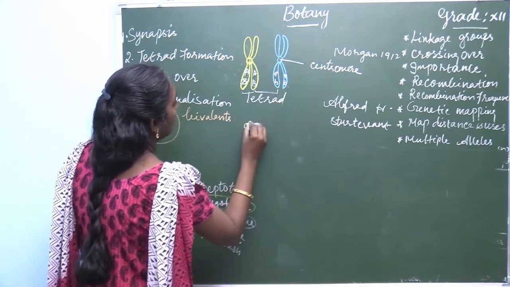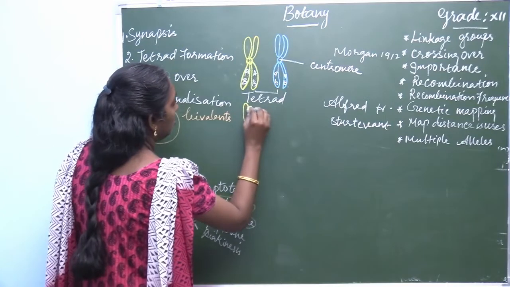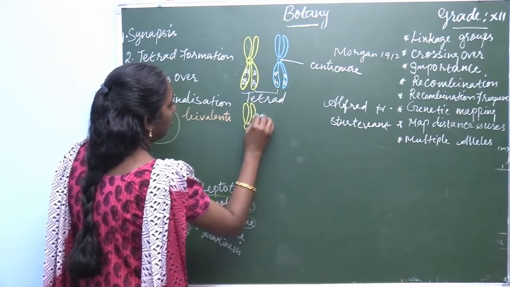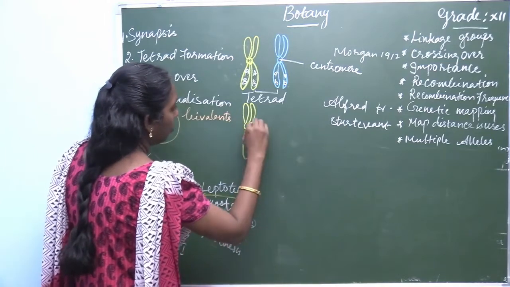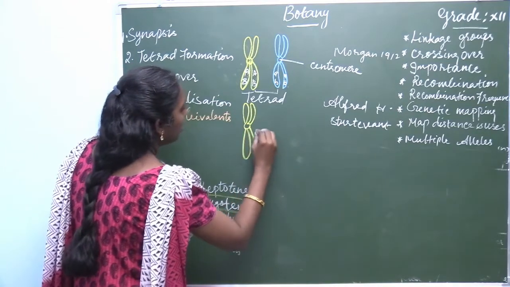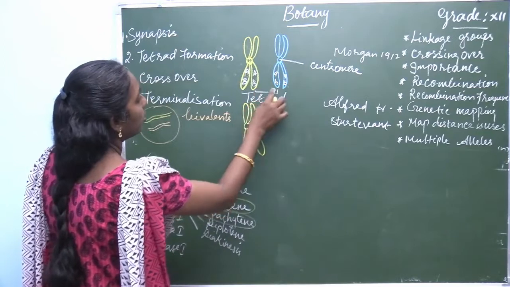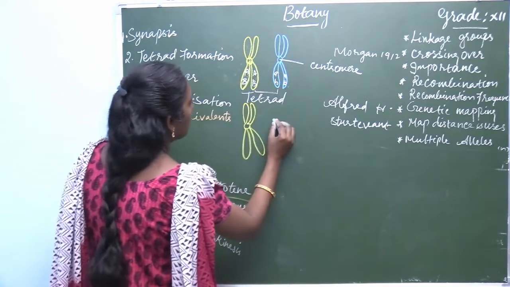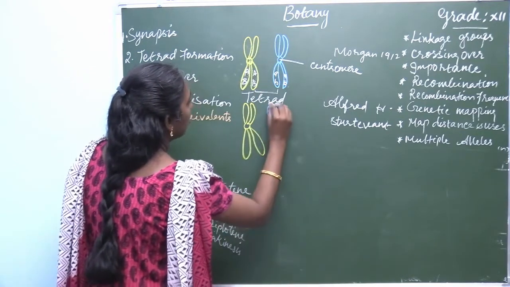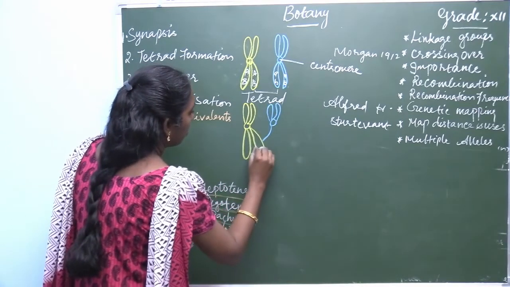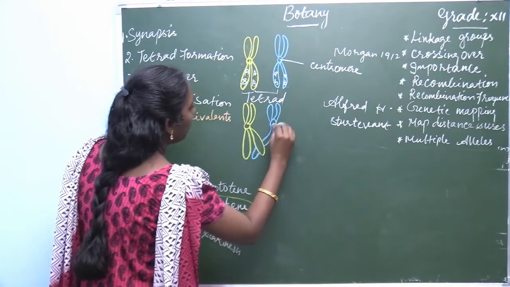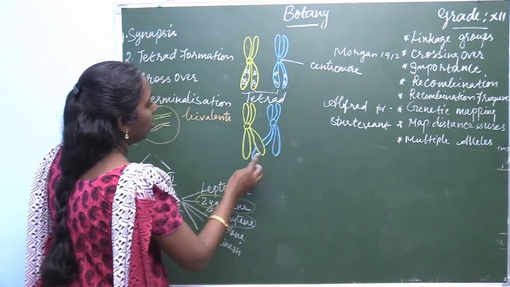Here is a chromosome, the tetrad, and these two segments connect at a particular point.